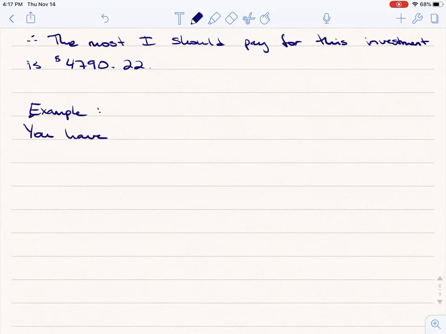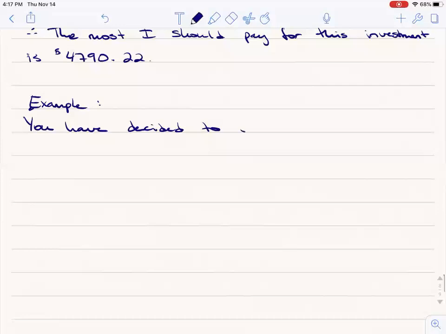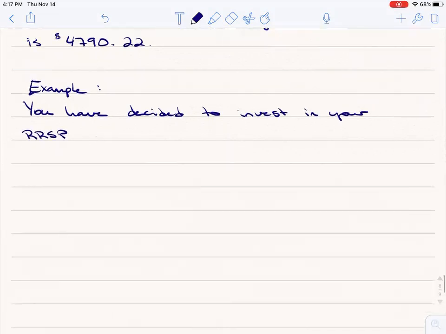You have decided to invest in your RRSP over the next 15 years. So far, so good, all right?